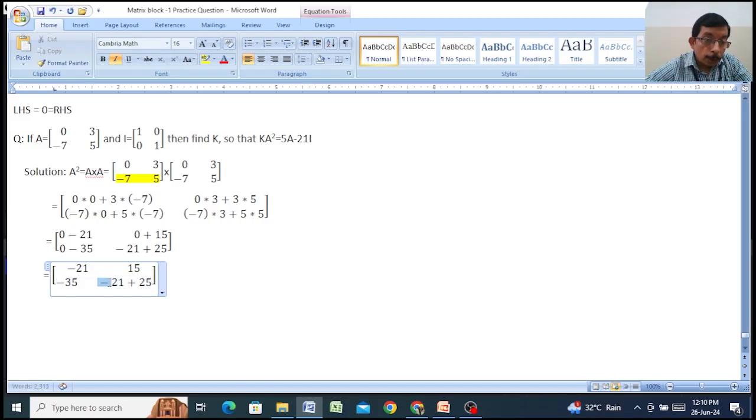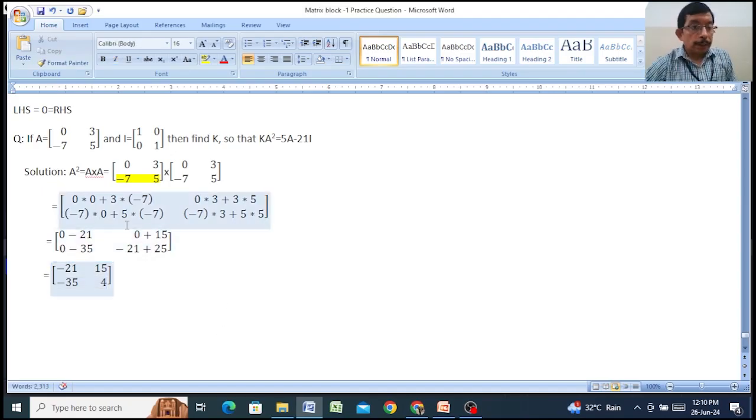Minus 21 plus 25, the result is 4. Note down 4 in the same position. This is the value of A square.